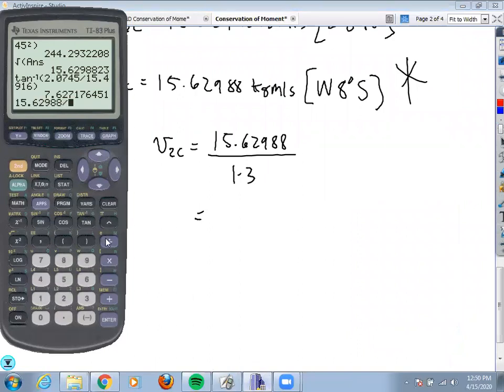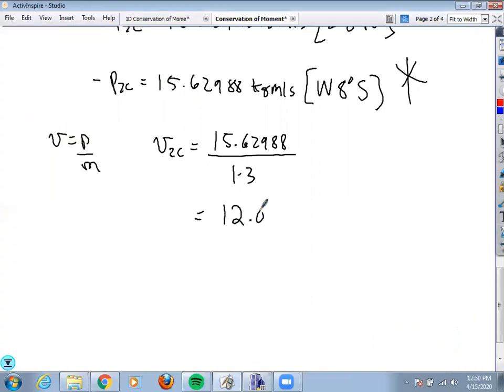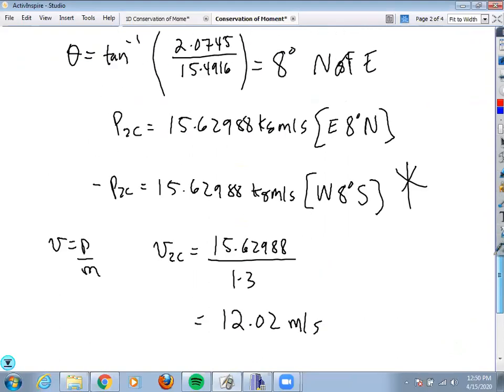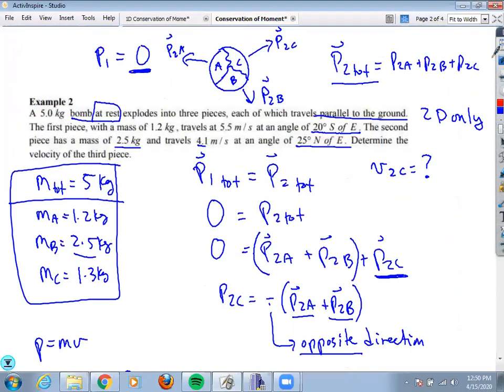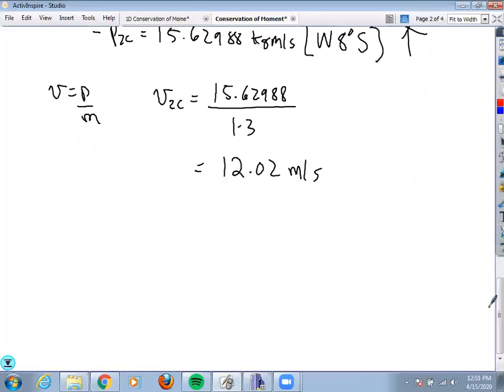15.62988 divided by 1.3 kilograms gives us 12.02 meters per second. With the sig figs, I believe we need 2 sig figs, so 12.